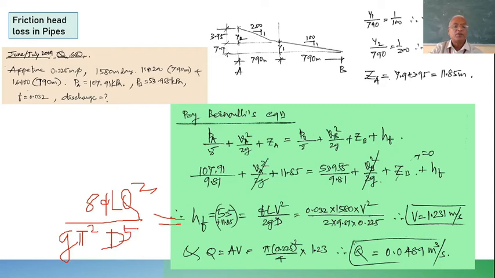Now in this the only unknown is Q. Directly you could have got it because F is known, L is 1580, G 9.81, D is 0.225. So the only unknown in this equation would have been Q. You should have got this value. Now anyway, if you use FLV squared, there is one more calculation which will be coming into the picture, Q equal to A into V. That is the advantage of using this equation. Okay.